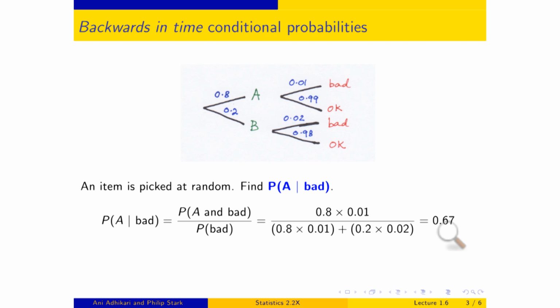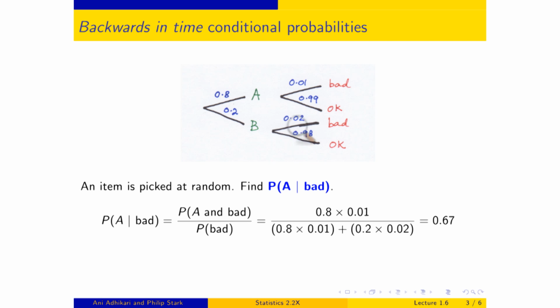If I didn't tell you anything about this randomly picked widget and I asked you what is the chance that it came from machine A, you would say 80%, because 80% of those objects come from machine A. But now I'm telling you something. I picked it at random and it's bad. So now which machine do you think it comes from? Well, the vast majority are made by machine A, but machine B is a worse machine.